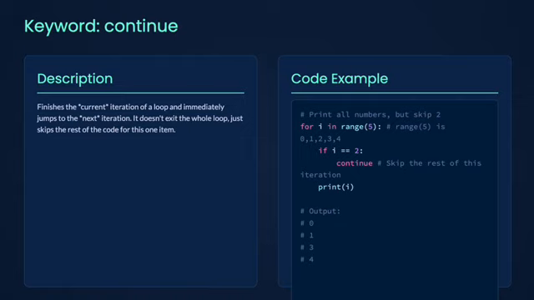This tells the loop to immediately stop what it's doing for this iteration and jump to the next item. It skips the print i line. So i is 3. Is i equal to 2? No, so it prints 3. So i is 4. Is i equal to 2? No, it prints 4. So our output is 0, 1, 3, 4. The number 2 was skipped.